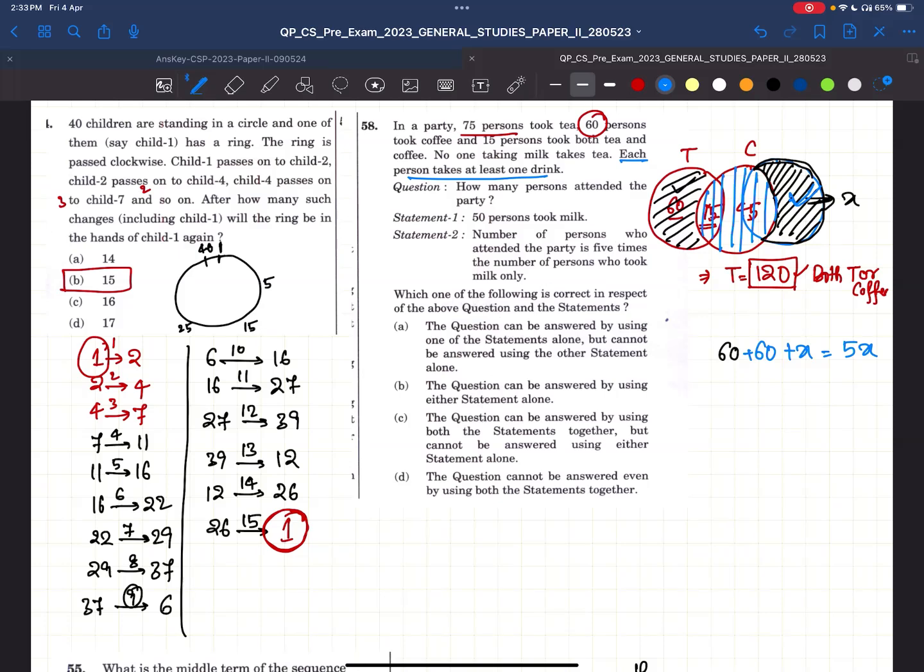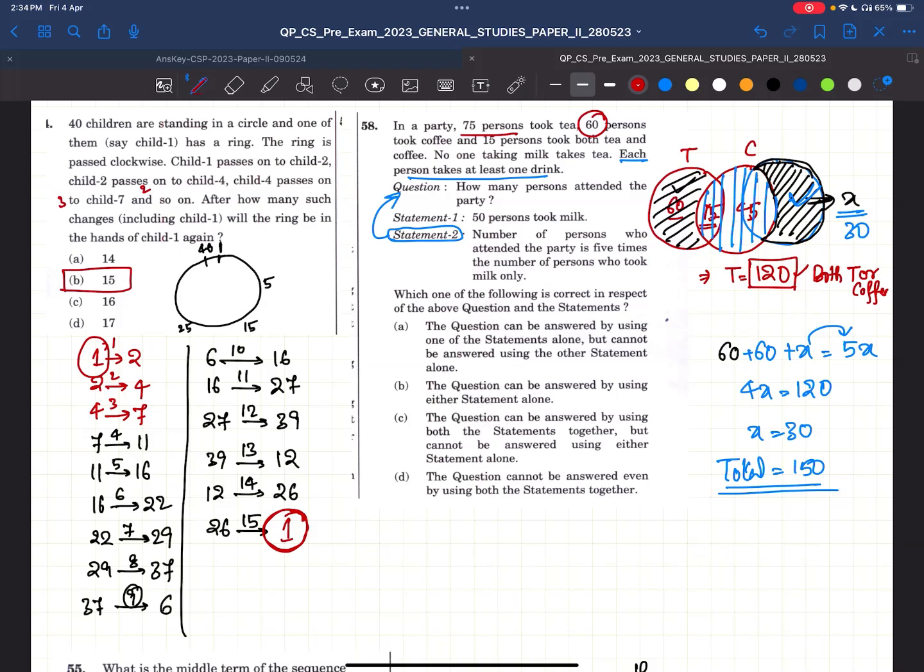See what will happen? This x will move here: 4x is equal to 120, so x is equal to 30. That means the people who drank milk only is 30 and the total number of people who attended the party is 5 times x, that is 150. Means by using statement number 2, we are able to solve the question.